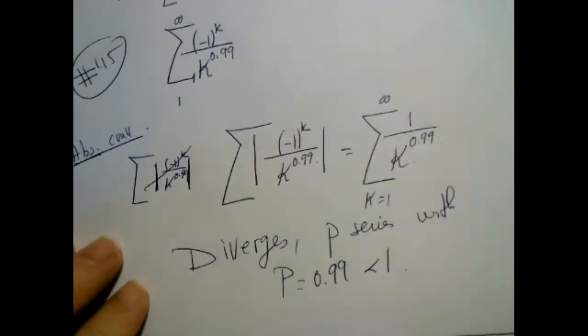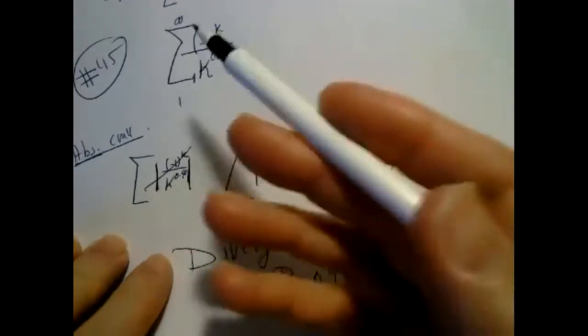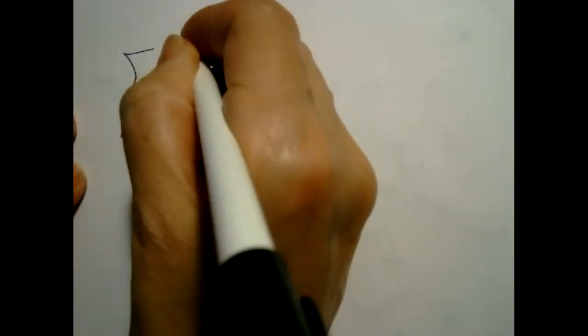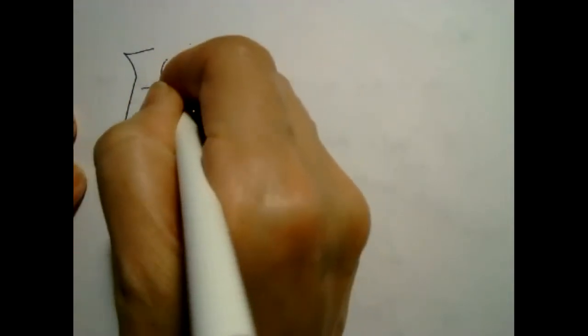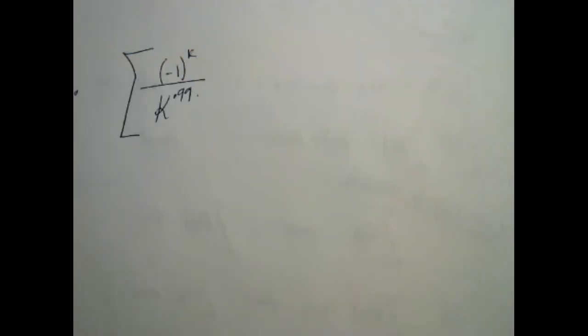So now the question is, what happens for the series by itself? Question number 2, let's look at the series itself. Does it converge or not? Now without absolute value, does this series converge? What type of series is that?